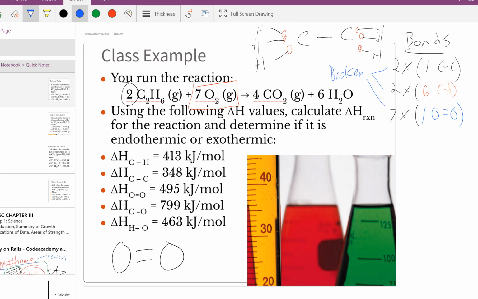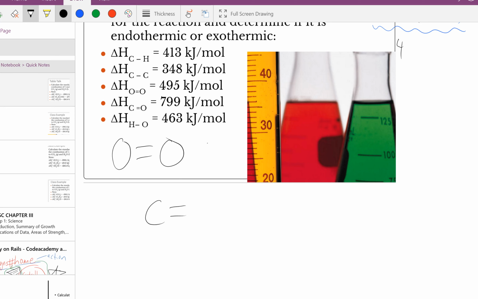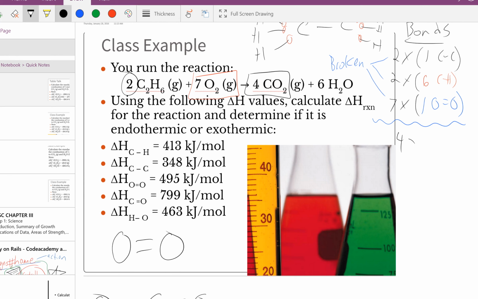Now let's talk about the bonds that are formed. The bonds that are formed include, let's look at CO2 first. 4 times, now CO2, if you draw it out, is carbon bonded to 2 oxygens on either end. So those are 2 carbon double bond oxygens.